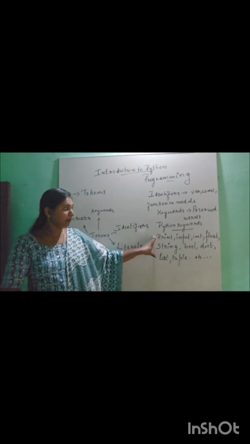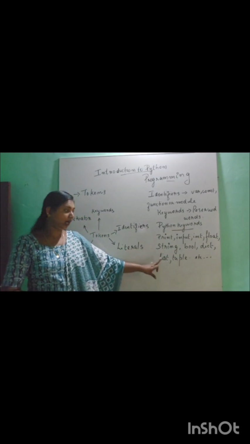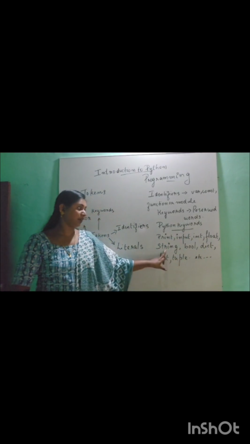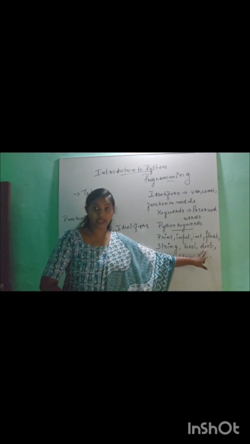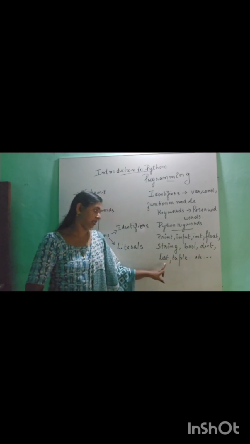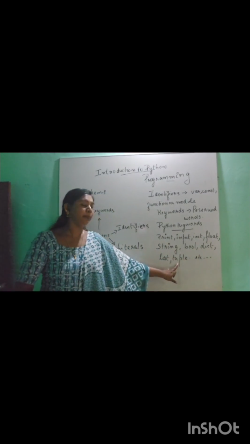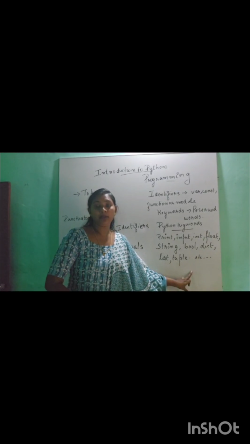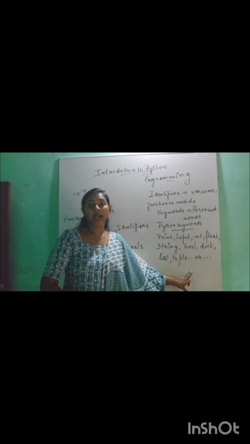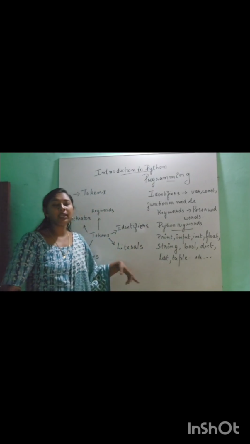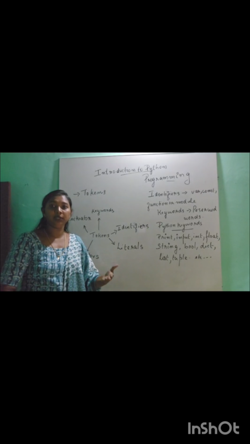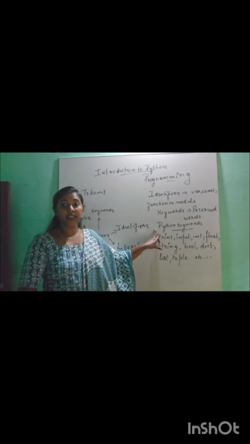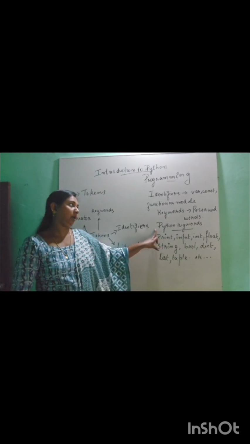For example, in Python the keywords are print, input, int, float, string, bool, dict, which is the short form of dictionary, list, tuple, etc. There are so many keywords. You can't memorize all the keywords at once; you can learn them one by one as we do in the programs.